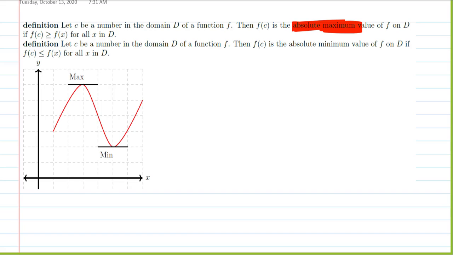Similarly, we have the opposite of that, which is if c is a number in the domain D of a function f, then f of c is an absolute minimum for f on D if f of c is less than or equal to f of x for all x.